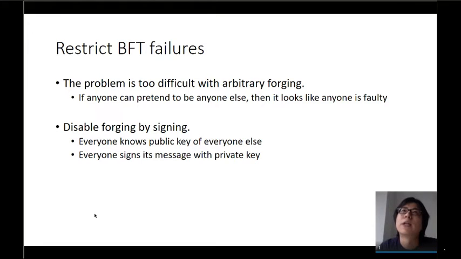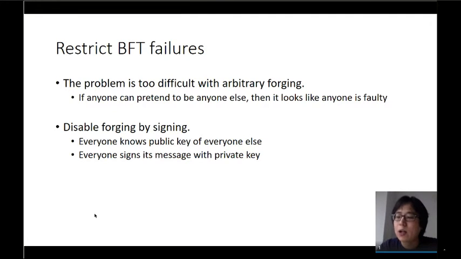So we assume that messages cannot be forged, meaning you cannot pretend to be another node. This can be done in many ways. One classic way is to introduce signing, the classic public and private key. Everybody signs the message with its private key, and everyone knows the public key of everyone else, so it can validate whether this message is genuine or not.